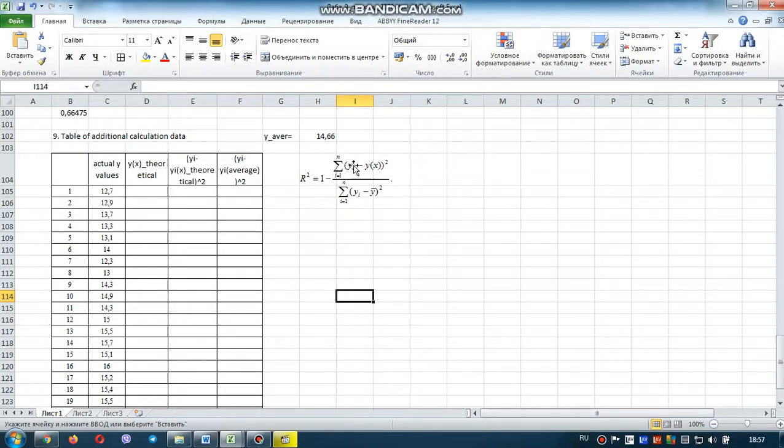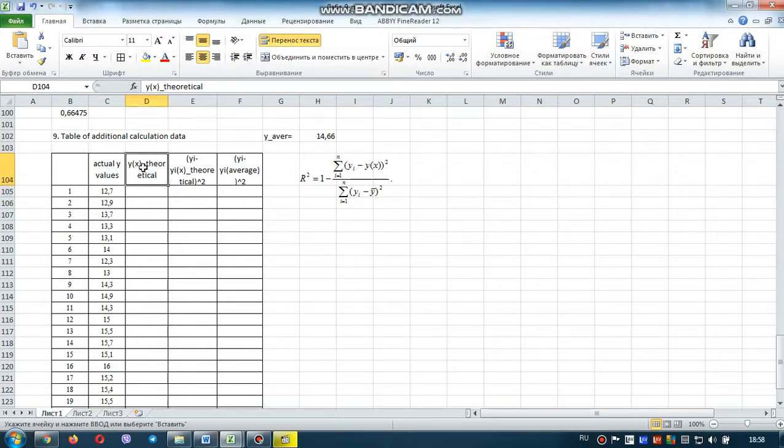We have to know the expression in the numerator: y minus theoretical value. This is the theoretical value, and this difference should be squared. And in the denominator, the y values minus the y average values, squared.